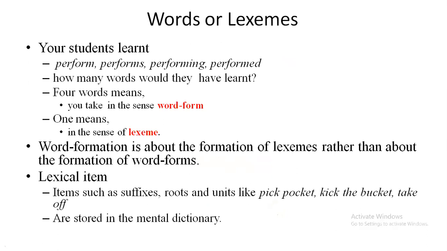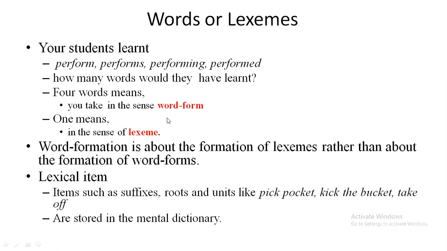Next is, I have already talked about words and lexemes. You know words means, for example, the same word perform, performs, performing, performed, right? If you are asked how many words are there, right? If you say 1, 2, 3, 4 words, then this is the questions of, as I said earlier.